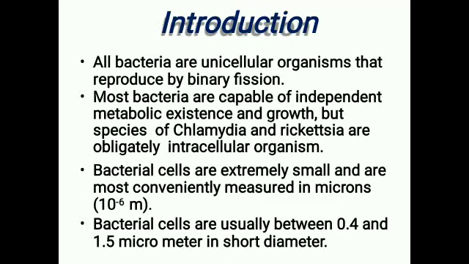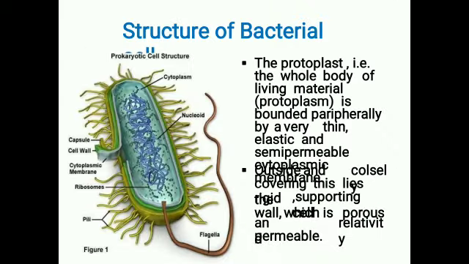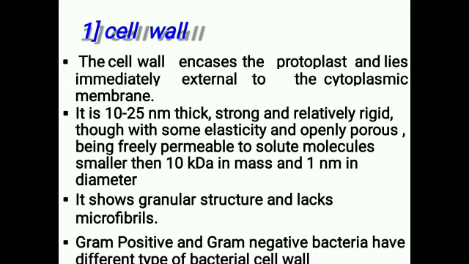The cell wall, which is present just outside the cytoplasmic membrane, is 10 to 25 nanometers thick. It is strong and relatively rigid, though with some elasticity. The cell wall is openly porous, being freely permeable.